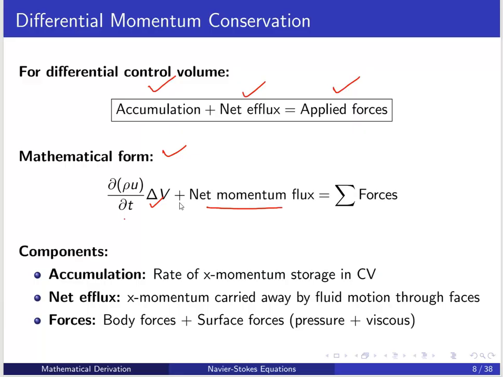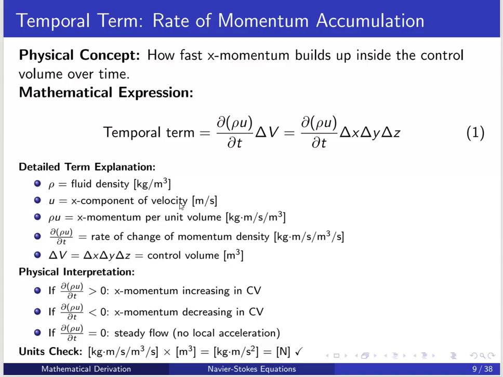Accumulation means the rate of x momentum storage in the control volume. Then the x momentum carried away by fluid motion through the faces is the net momentum flux, or efflux. And for forces, one is body force acting on the fluid element, and the other is surface force. There are two surface forces acting on the fluid element: one is pressure, and the other is viscous force.